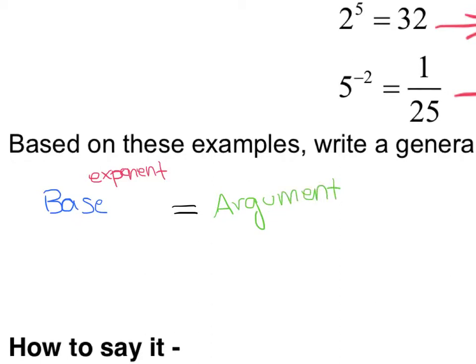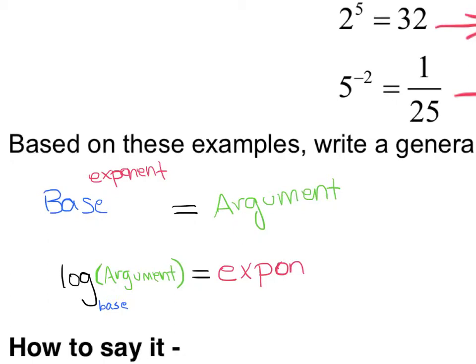So log, and the base would go down there in small, and the argument is going to be inside the log, or the answer, equal to the exponent. So the answer of the log is going to be the exponent.